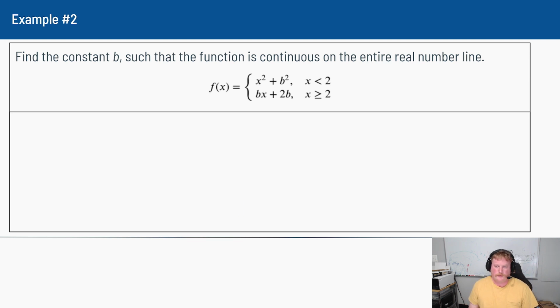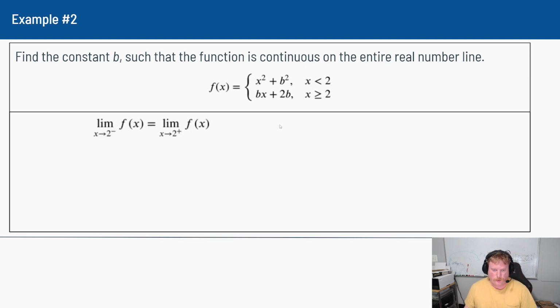In this next example, very similar, find the constant b such that the function is continuous on the entire real number line. Again, we have a piecewise function made of two pieces, and those pieces are divided at x equals 2. So what we want to look at first is what's going on at 2.